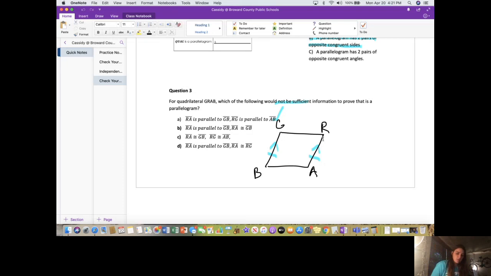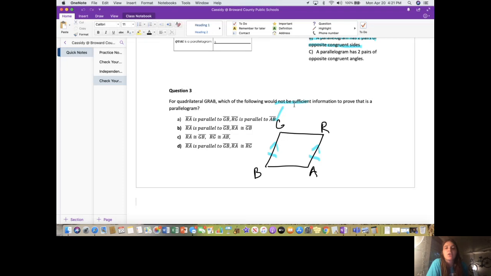Because we could say that they're parallel and congruent, okay? But, if opposite sides are parallel, so RA and GB, and then RA and GB are congruent.